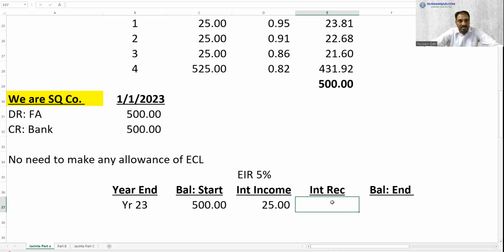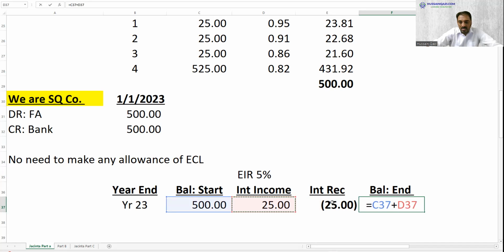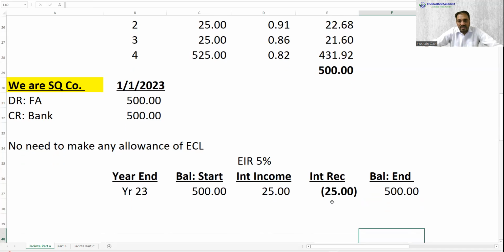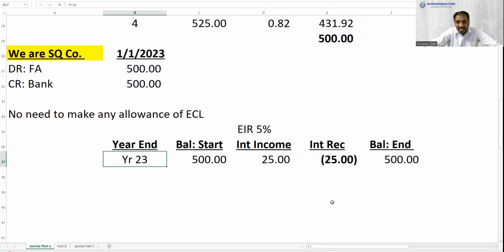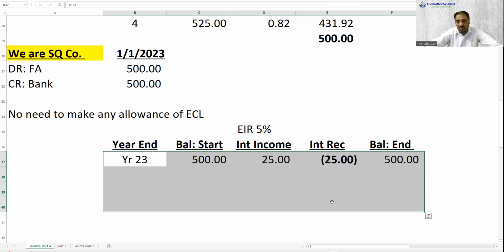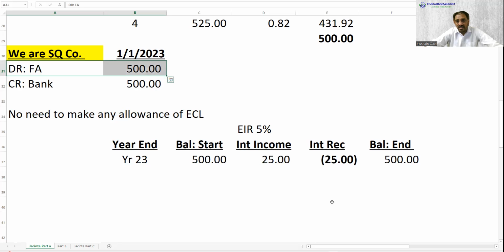Interest received becomes the same, 1000 into 0.05. That's simple, 25, whatever the commitment. But here we will work out with the 25. That's 500. If things move on in the same manner, at the end of the day, 500 will be received. Whatever the investment made by the SQ company, they will receive the interest and the principal amount as per the commitment.